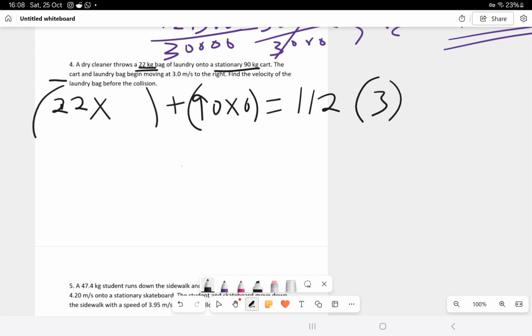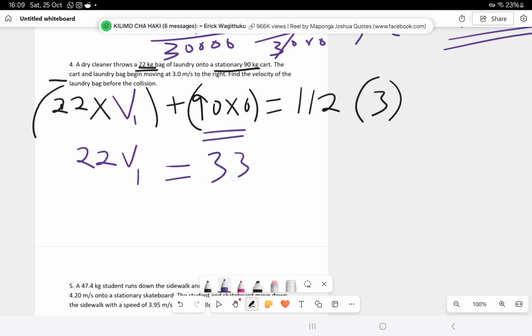Find the velocity of the laundry bag, so we need this V1. So 22 V1 plus 0, because it's stationary, is equal to 112 multiplied by 3, and this gives you 336.